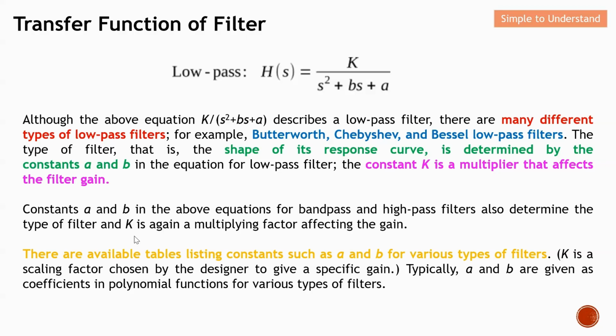There are available tables that list the constants A and B for the various types of filter. You can see that there are a lot of tables for our design, whether it is Butterworth, Chebyshev, or Bessel. In short, K is the scaling factor chosen by the designer to give a specific gain. Typically, A and B are given as coefficients in the polynomial function for various types of filter.